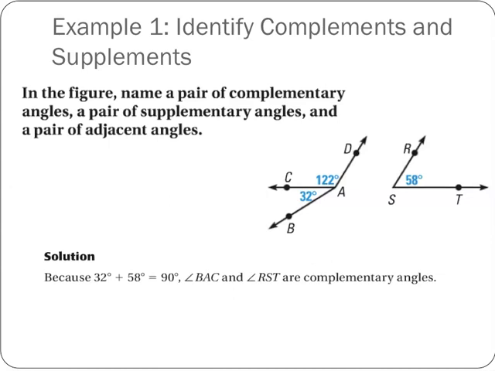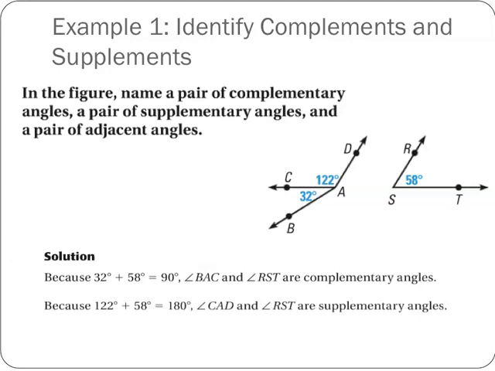Now to find the supplementary angles, we're trying to find two angles that will add to 180 degrees. Now we can see here that the 122 and the 32 will not add up to 180 degrees, but the 122 and the 58 will add up to 180 degrees, so we can say that angle CAD and RST are supplementary angles.